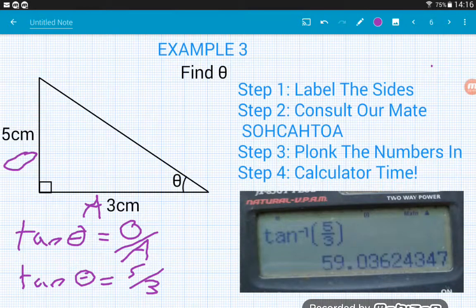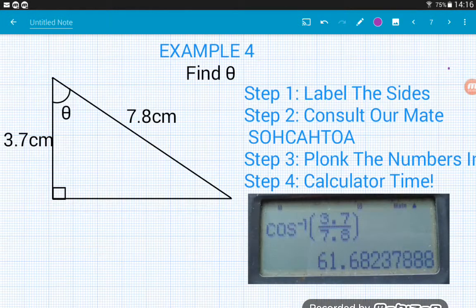Okay, now then we're going to change the position of the angle. So this time our angle is going to be up in the top left, so it's going to switch around a little bit, and we're going to be playing with decimal places. So step 1, let's label the sides of our triangle. So the 3.7 at the side is going to be the adjacent, and the 7.8 is going to be the hypotenuse. So no SOH, CAH yes. So it's cos.